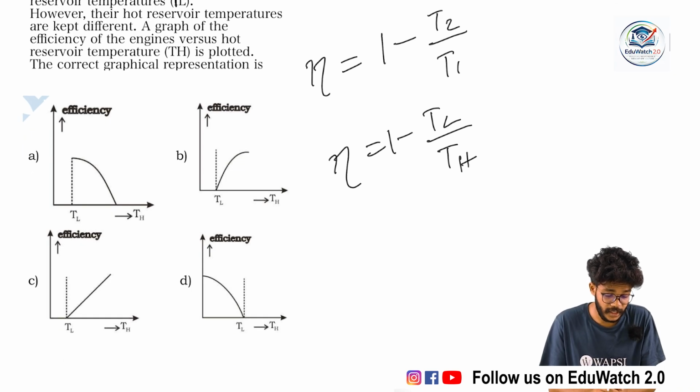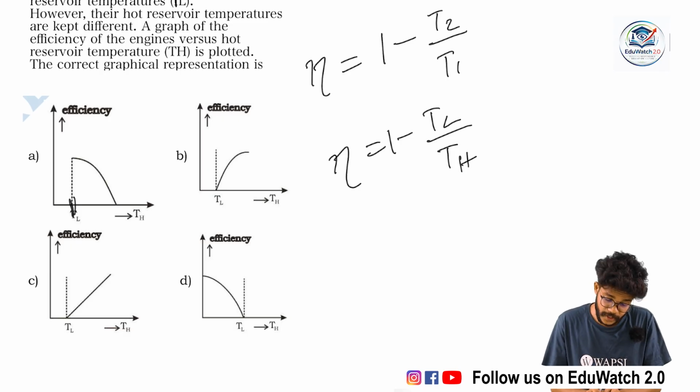So from the first graph, when TH is equal to TL, TL by TH is 1. So 1 minus 1 gives 0. So when TH equals TL, the efficiency is 0.